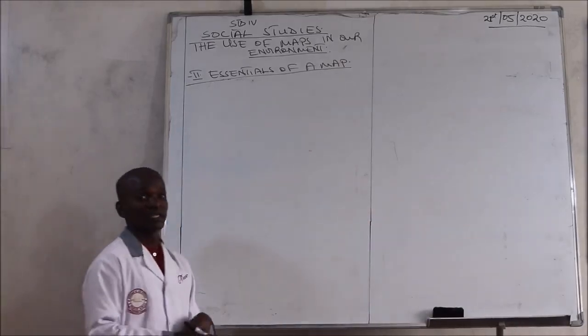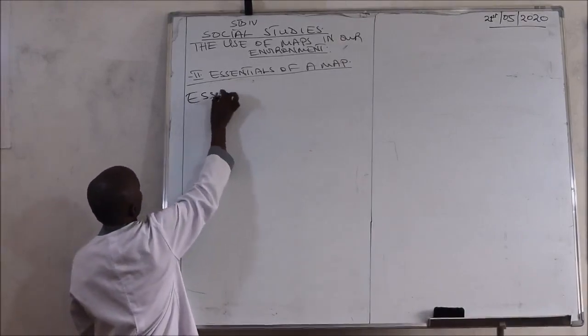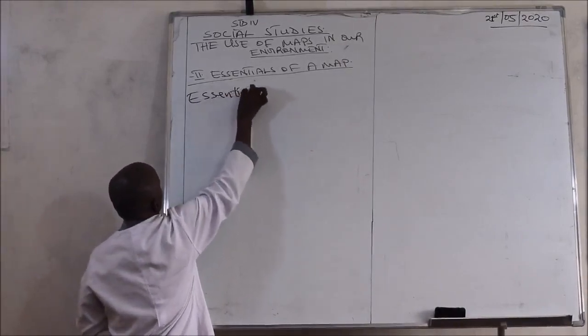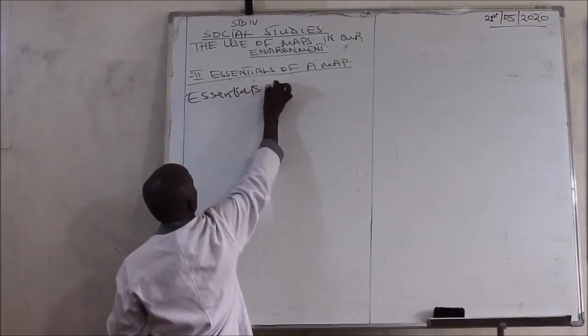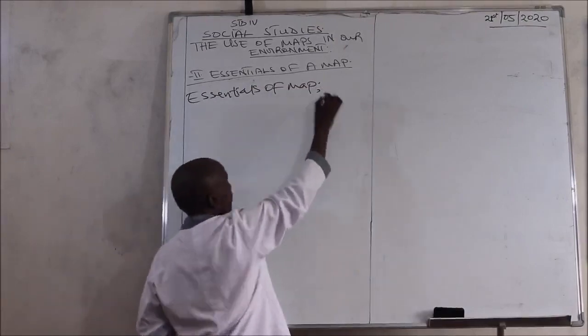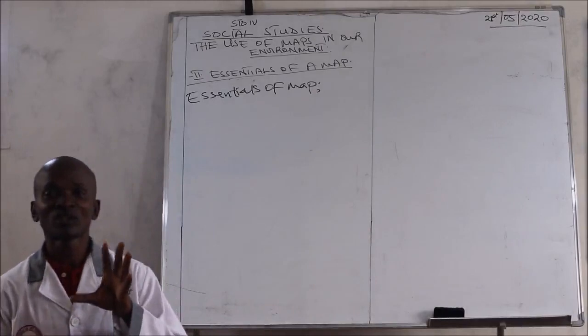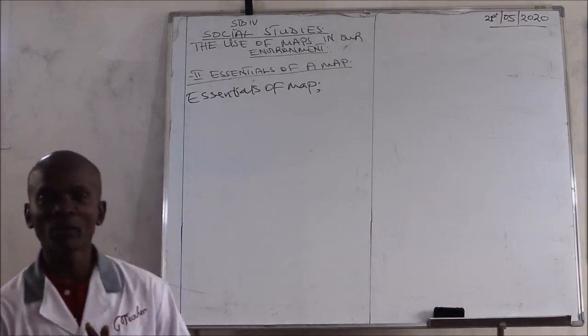First of all, when we talk about the essentials of a map, what do we mean? Essentials of a map means all things that are to be considered when drawing a map.